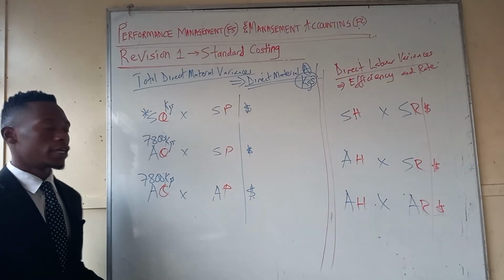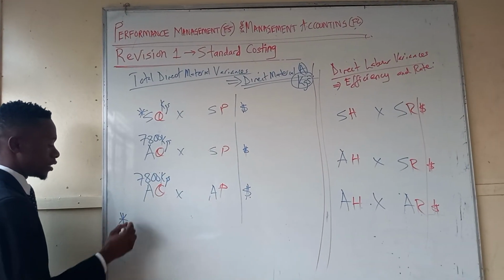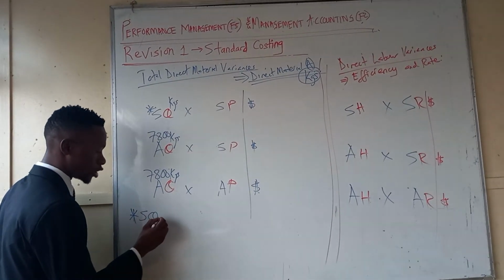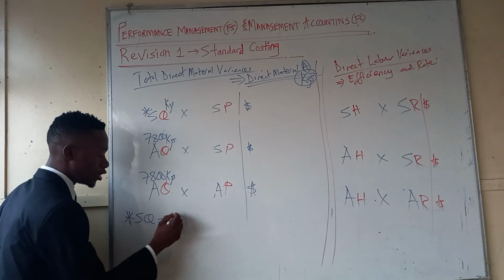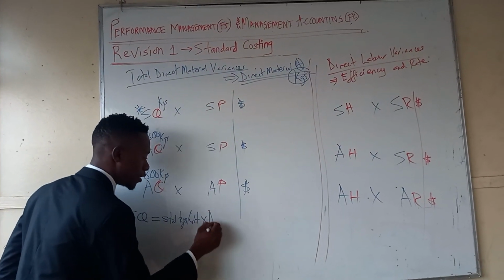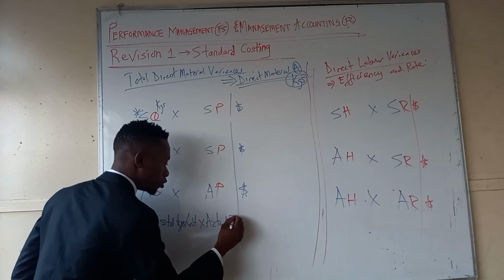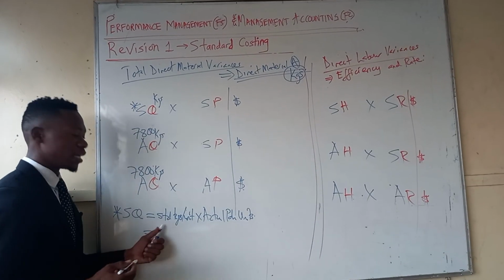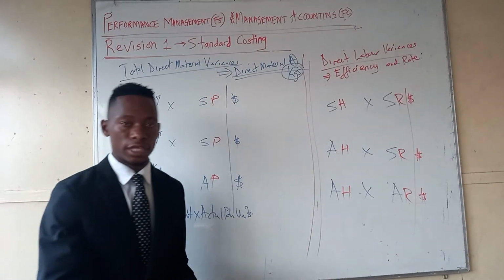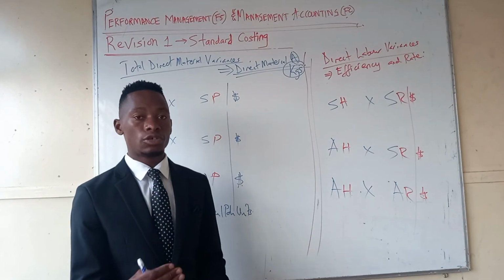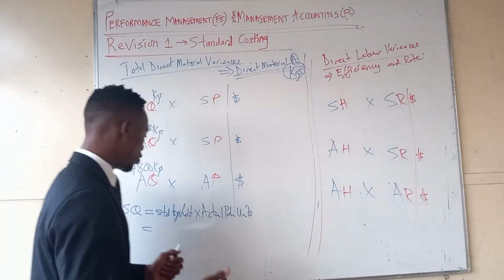What about the standard quantity? You flex the budget. The budget is what you are expecting. So how do I get the standard quantity? Standard quantity is the standard kgs per unit multiplied by the actual production units. The standard kgs per unit is the number of kgs that we expected per unit.